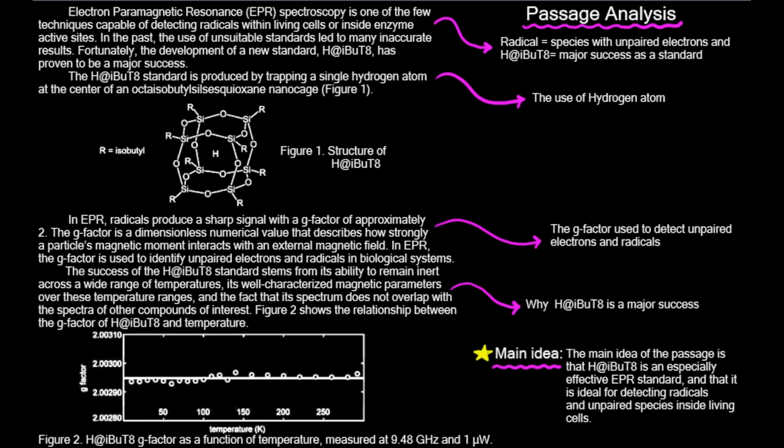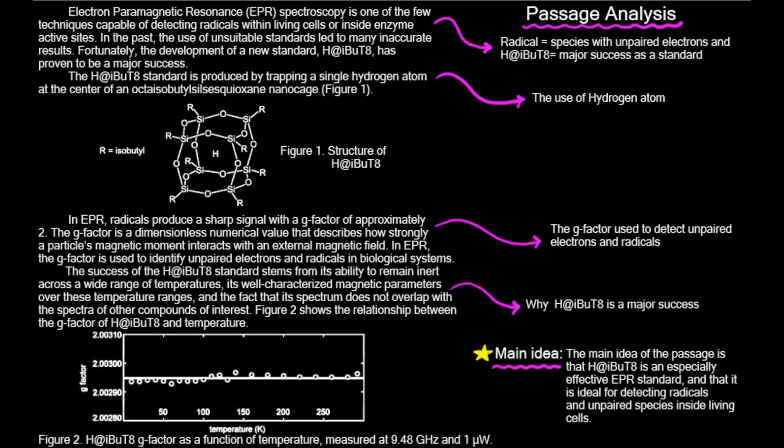The main idea of the passage is that H at IBUT8, which was the standard they used, is an effective EPR standard and that it is ideal for detecting radicals and unpaired species inside living cells.